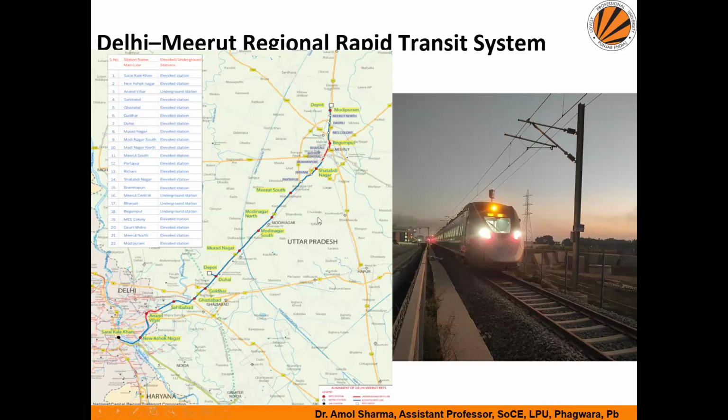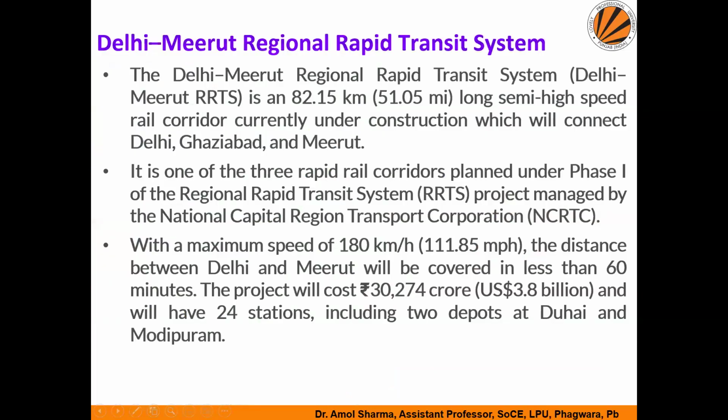Eventually, it used to take around 2.5 to 3 hours for any train to operate from Meerut to Delhi. The introduction of the regional rapid train decreased this travel time to around 60 minutes, that means 1 hour as compared to 2.5 hours. And it included 24 stations and 2 depots only.